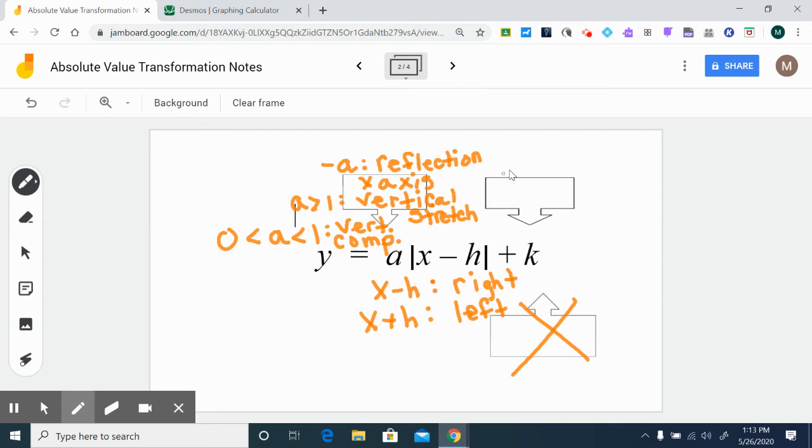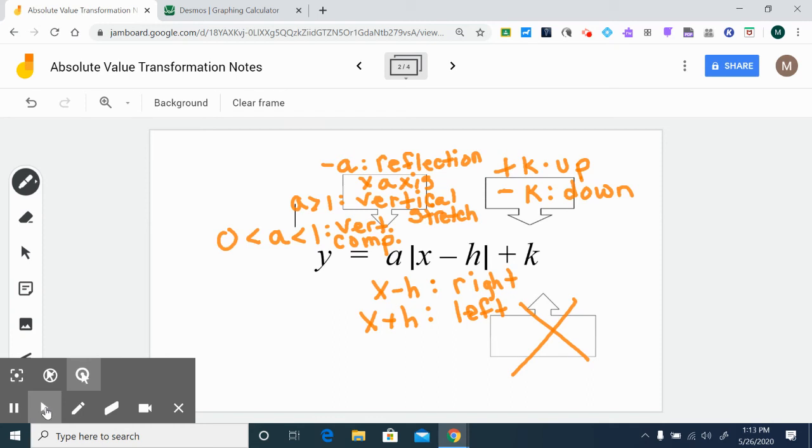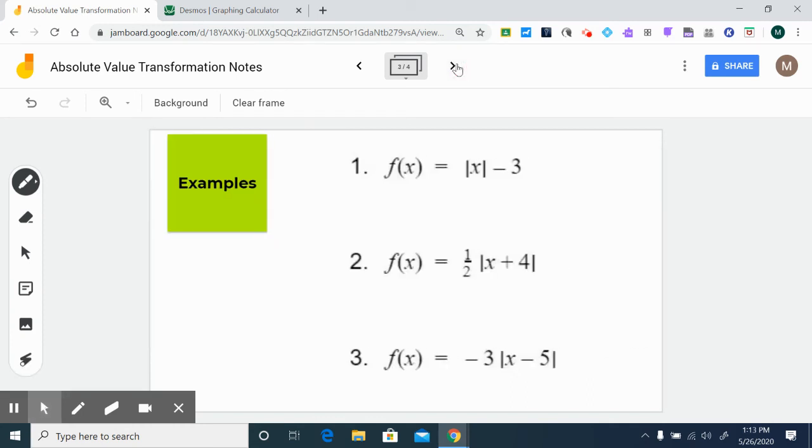For my k, plus k means we go up. Minus k means we go down. There will be a printed copy of notes that has all this information for you attached either to this video or on tomorrow's assignment.